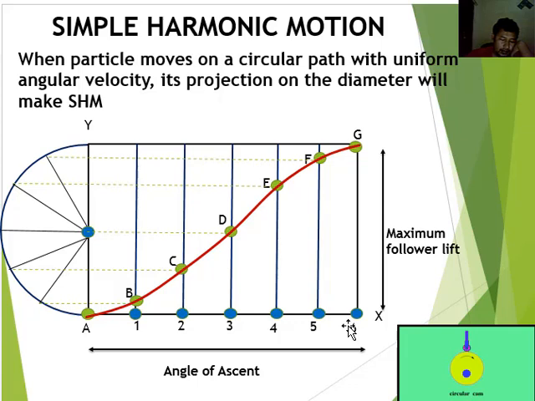After that, in the displacement diagram, project this part into the 6 parts we have drawn before. For point 1, take a line to the right direction. The second division of the semicircle is number 2.